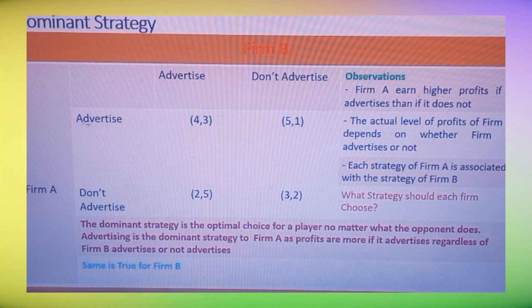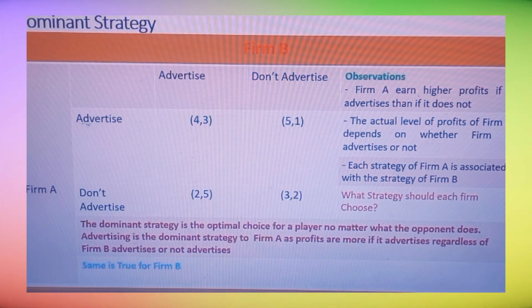So regardless of what the opponent does, if a player has a strategy it can choose, then that kind of strategy is called a dominant strategy. The dominant strategy for firm A is to advertise, and for firm B also to advertise, because regardless of what the other competitor does, both will have better gains if they go for advertisement.